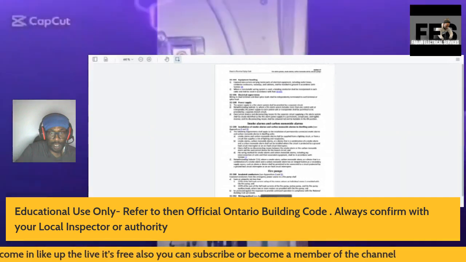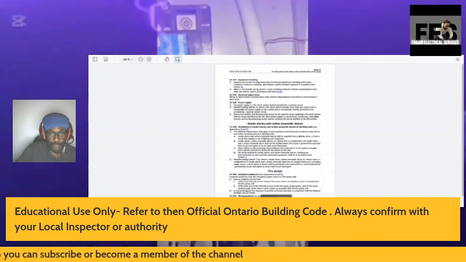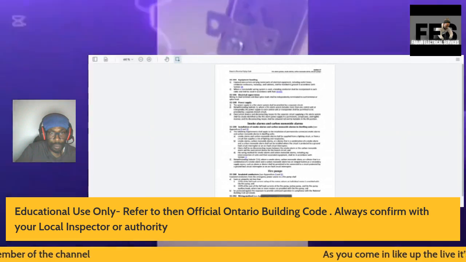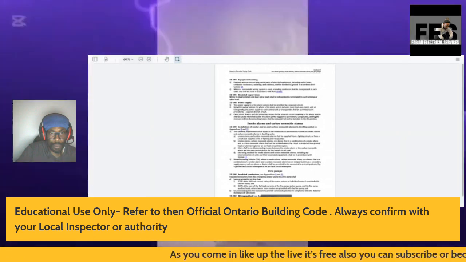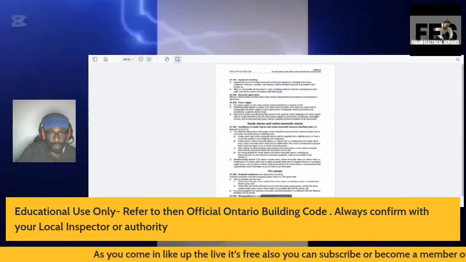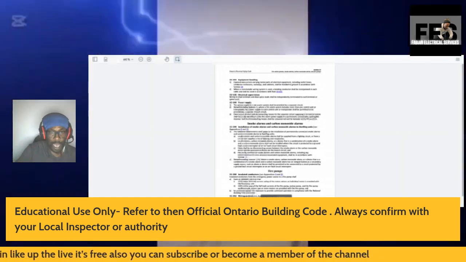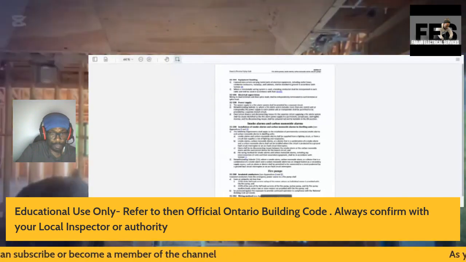Notwithstanding sub-rule 1, where a fire alarm system includes more than one control unit, the power supply to each control unit shall be a separate branch circuit. That just means you need an individual circuit to provide power.